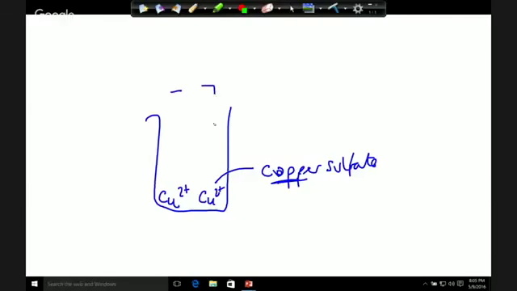So at the negative electrode, if we do these basic electrodes, you will get the copper collecting here.